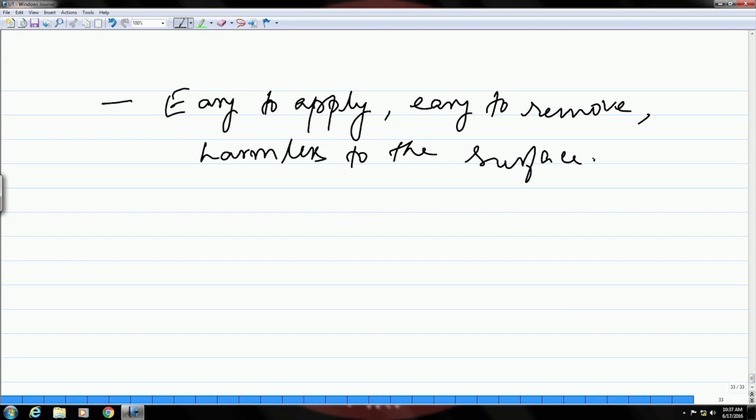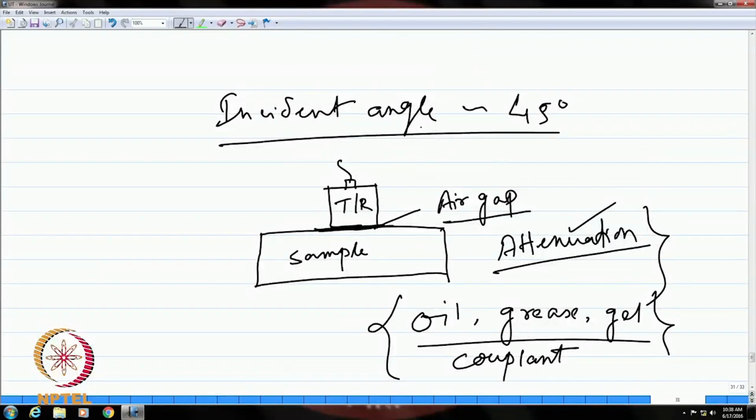Okay. So, these are the property requirements for a couplant for it to be used effectively. Okay. So, this is how, when you do the test, you might have seen that some kind of oil or grease is applied on the surface, and then on that the probe transducer will be kept and moved over the surface.